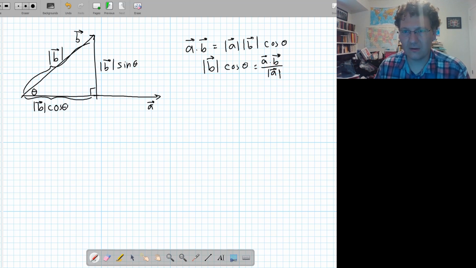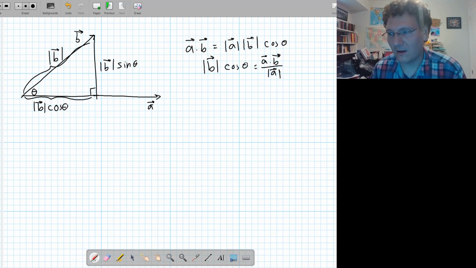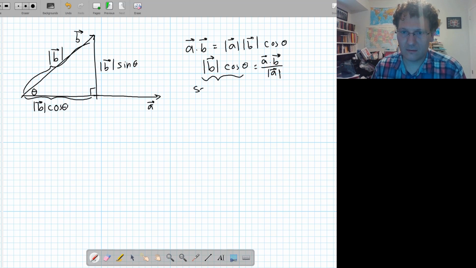Now the left-hand side is the scalar projection of b onto a.